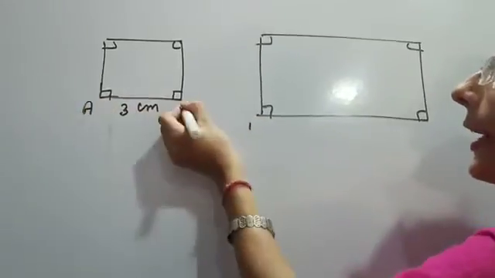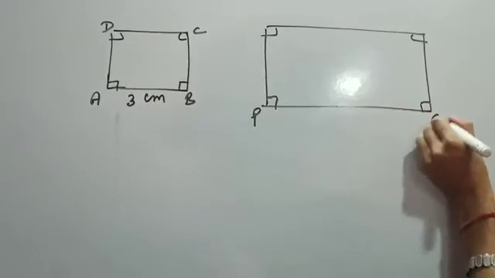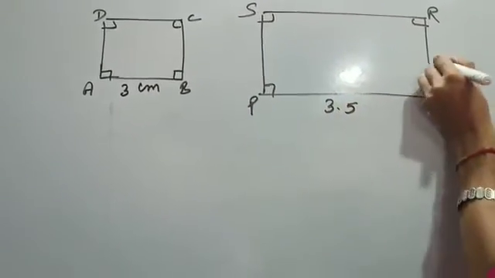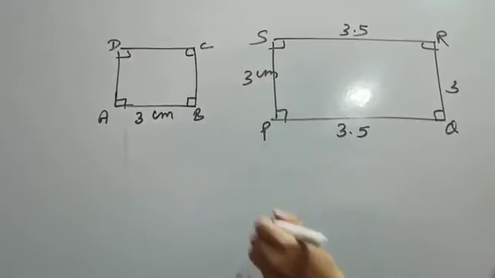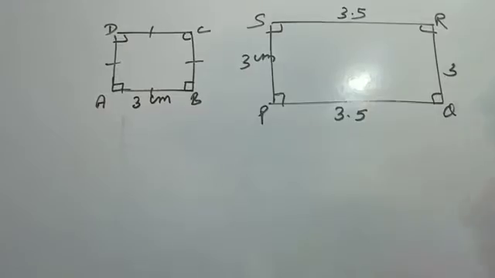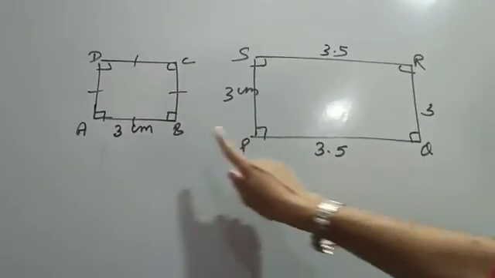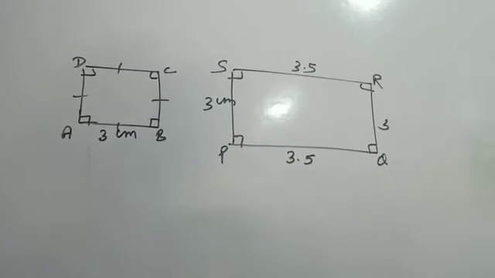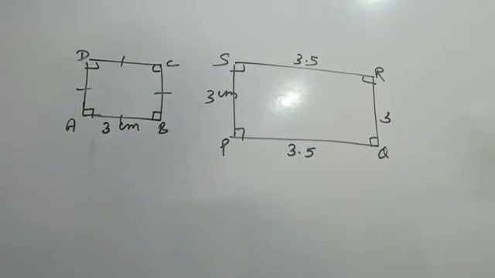I name them ABCD and PQRS. Two figures I have taken, ABCD and PQRS, in which all angles are equal but all the sides are not in the same proportion. So we can write here ABCD and PQRS are not similar.